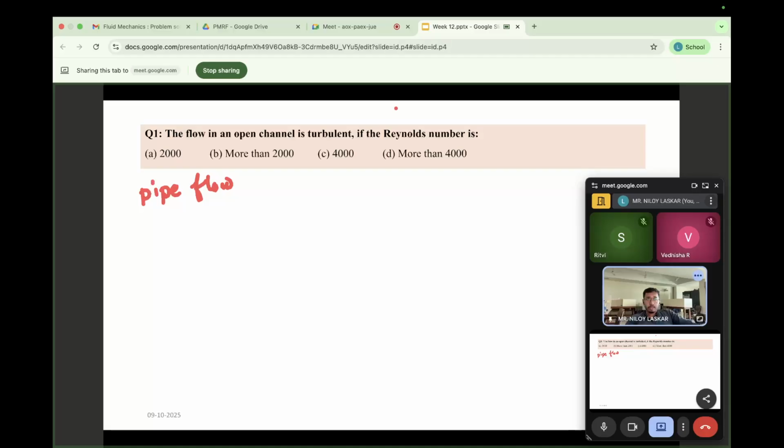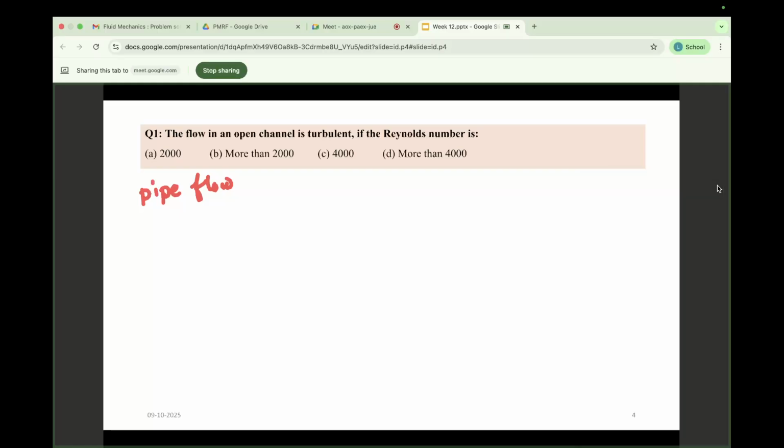So for pipe flow, we have studied the Reynolds number. The definition of Reynolds number is the ratio of inertial force to viscous force. The formula is rho v d by mu, right? In case of d, sometimes there is L, that is a different thing.